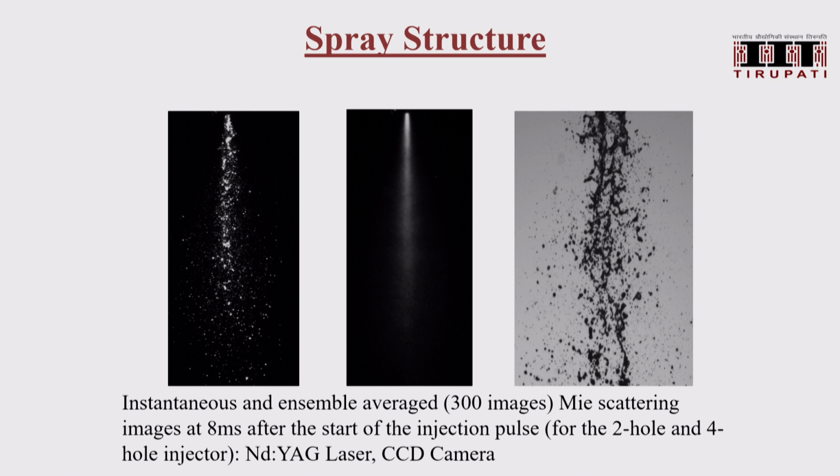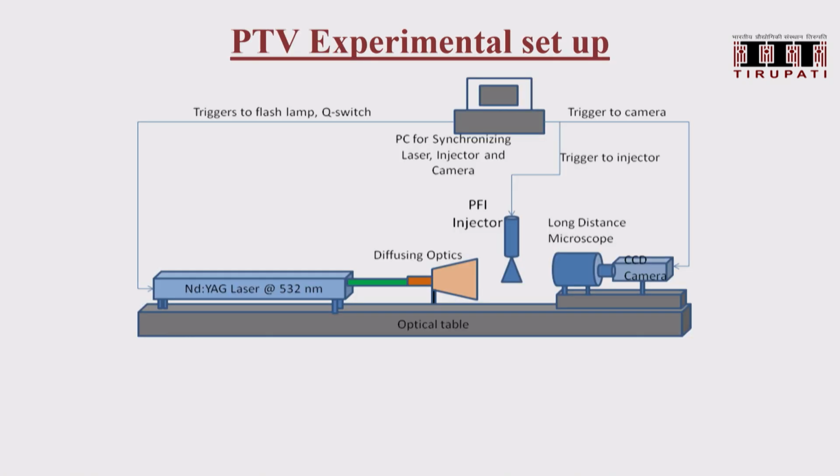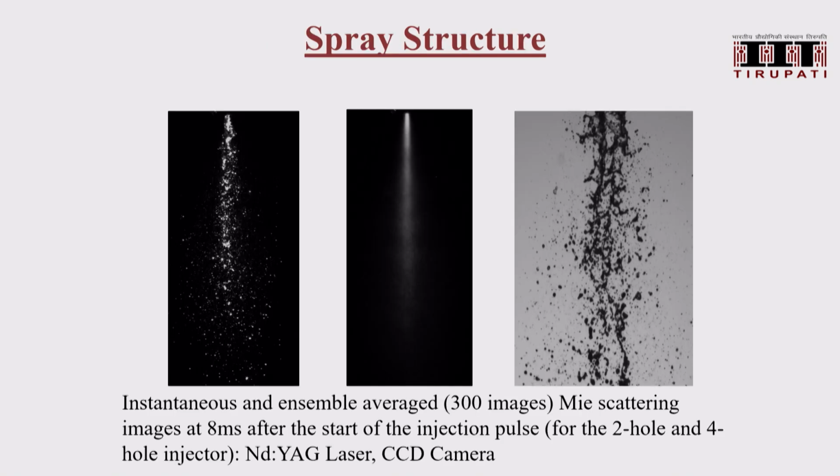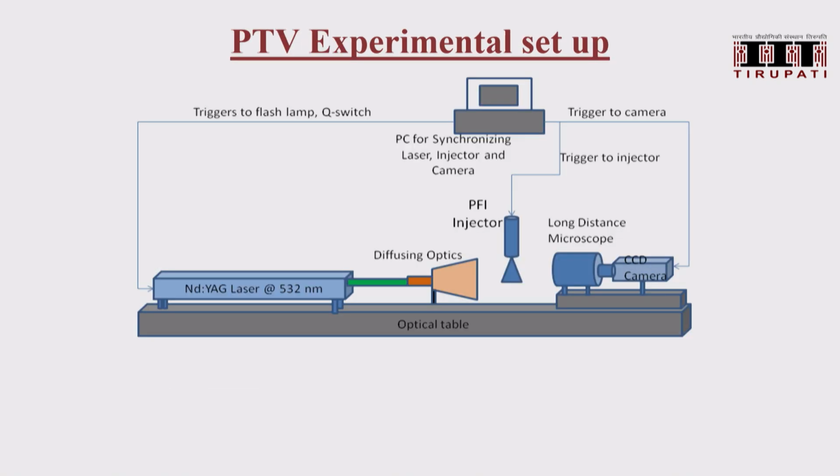Now, once you have this information, if you want to see the size of these drops, you need to zoom into this area. For that you use a specific type of lens, which is called a long distance microscope.